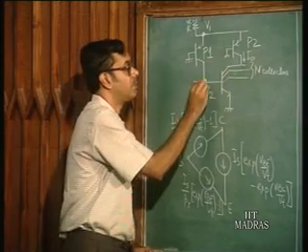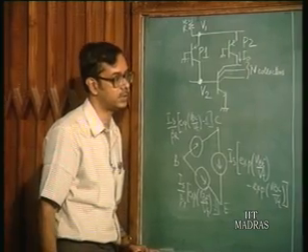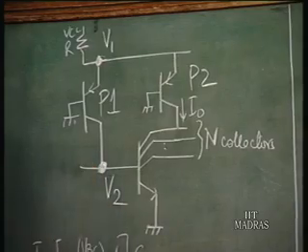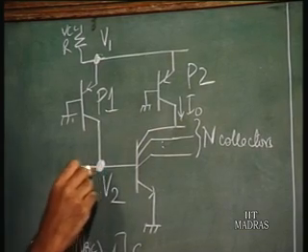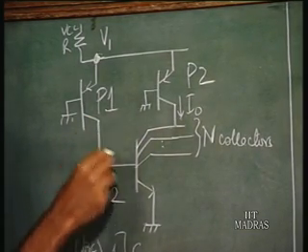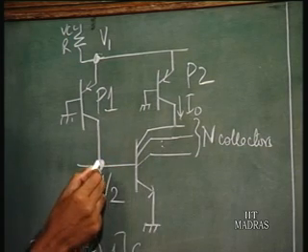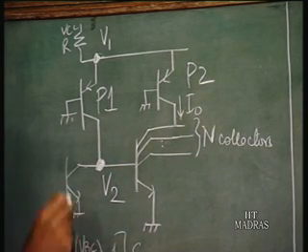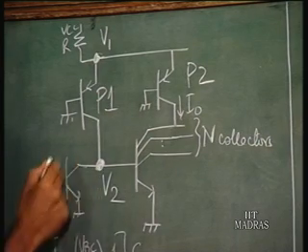Now we have to see that this condition is satisfied. The next thing we do is write an equation of the current at this point. When this transistor goes to saturation, all the transistors whose collectors are connected at this point are cut off.